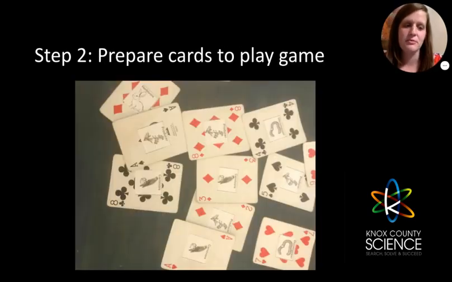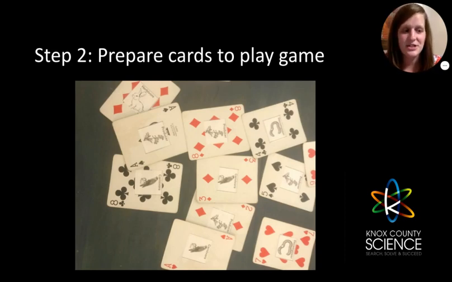Step 2. Prepare the cards to play the game. You can tape the paper boxes onto regular playing cards with adult permission, or to cardstock or construction paper if you choose. If you don't want to tape them to different cards, the regular squares are going to work just fine.